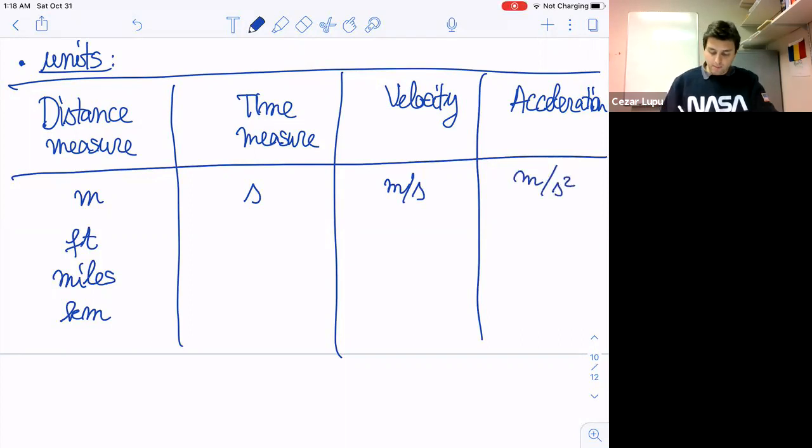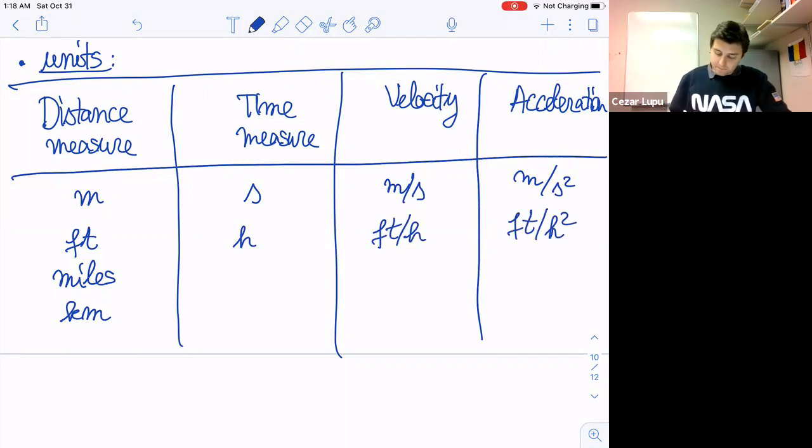Or, for example, feet per hour is the velocity, and then the acceleration is feet over h squared.